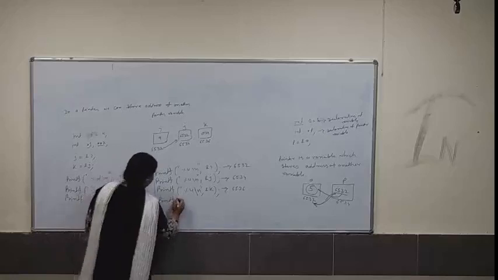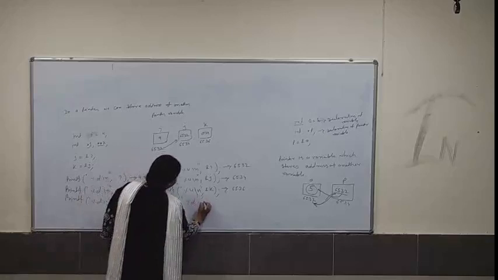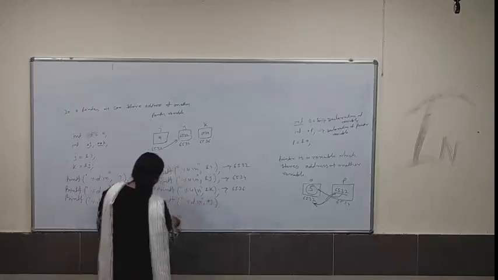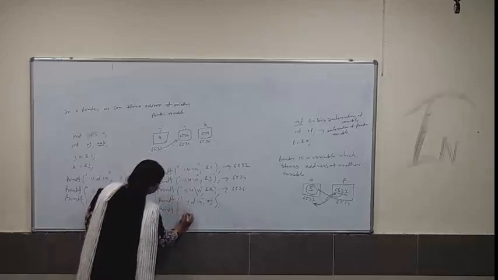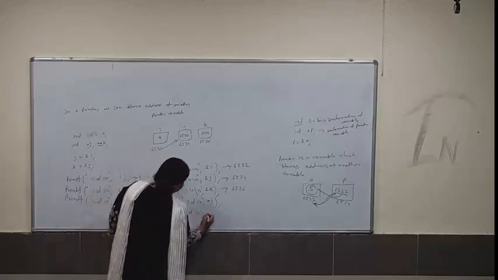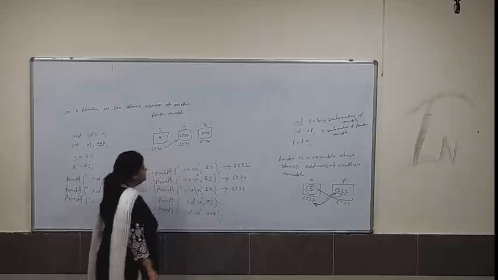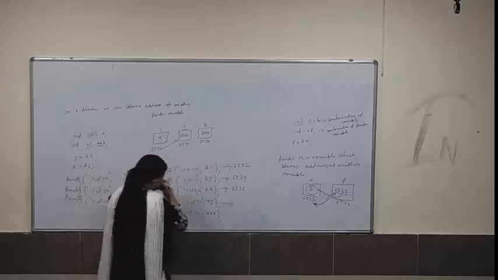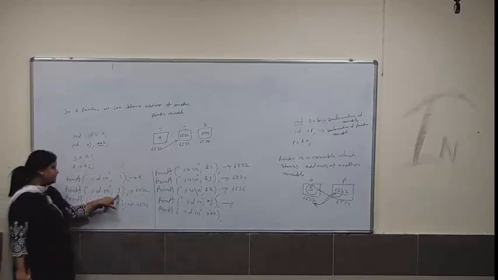Printf("%d", *j), if I write like that, then what will be the value of *j? Coming to this point, what is the value of j?